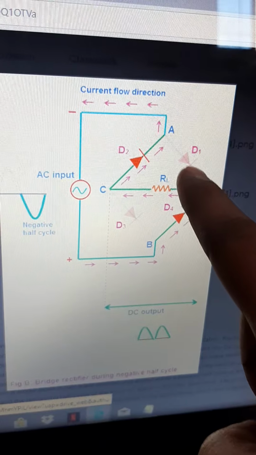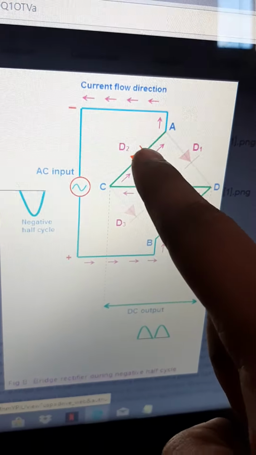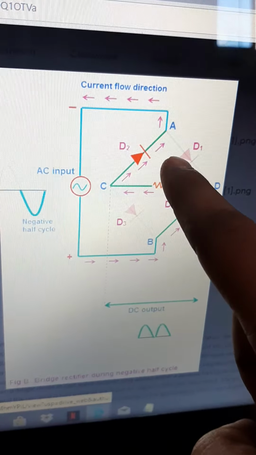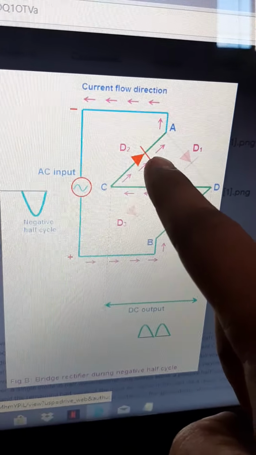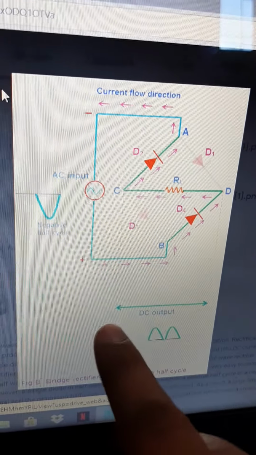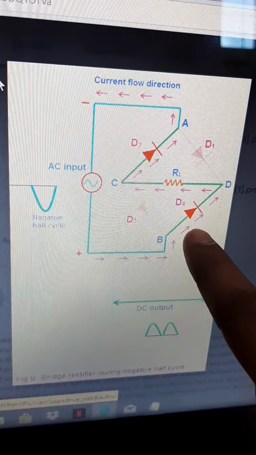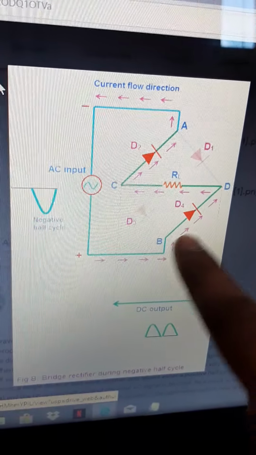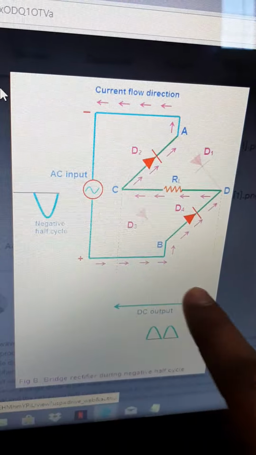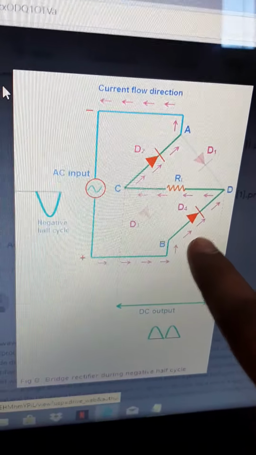So this negative terminal is connected to the P terminal of diode D1, so this diode is reverse biased, and the negative terminal of the supply voltage is connected to the N terminal of diode D2. So diode D2 is forward biased. Now the positive terminal of the supply voltage is connected to the P terminal of diode D4.